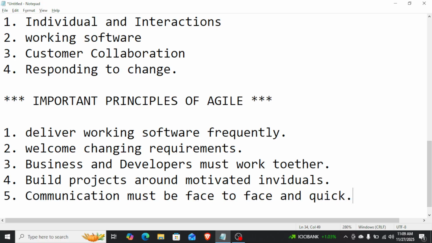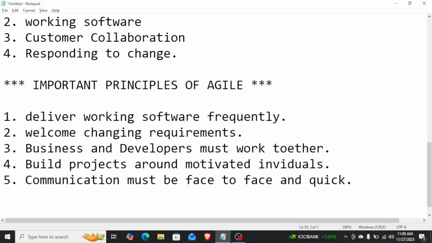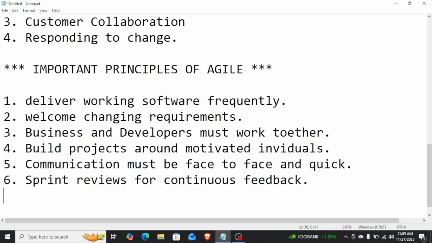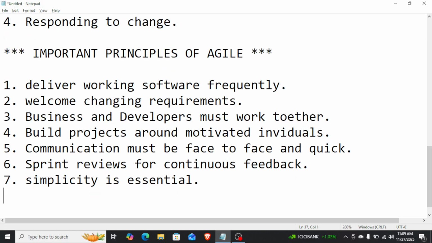Sixth, sprint reviews for continuous feedback. Simplicity is essential.